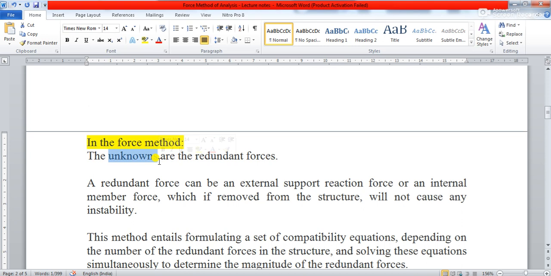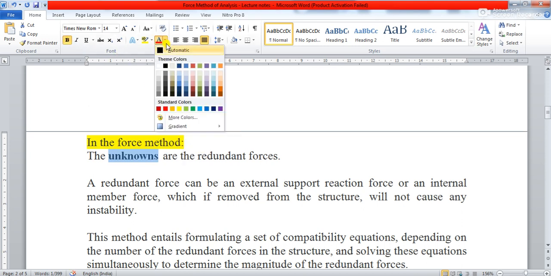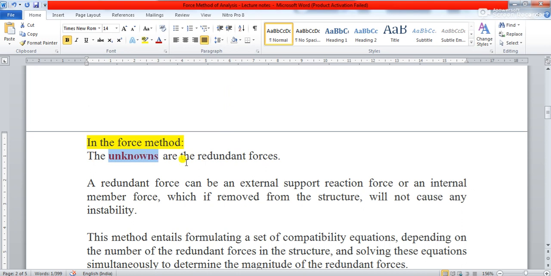In the force method, all the unknowns are forces, and the forces may be external reaction forces or internal forces, and they can be a reaction force or a moment, both. Whatever the unknowns in the force method, those unknowns are called redundant forces.